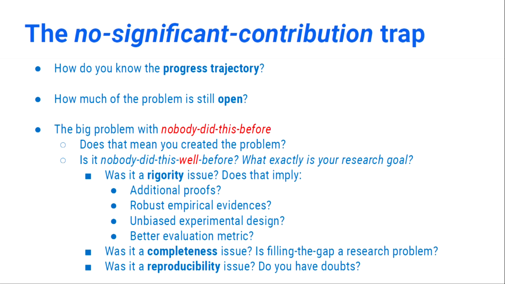Does that imply additional proofs, robust empirical evidence, unbiased experimental design, better evaluation metrics? Was it a completeness issue? Is filling the gap a research problem or not? Was it a reproducibility issue? Do you have doubts? So this is how you need to dissect when you walk into a particular problem, right? And that is what clarifies your research scope.